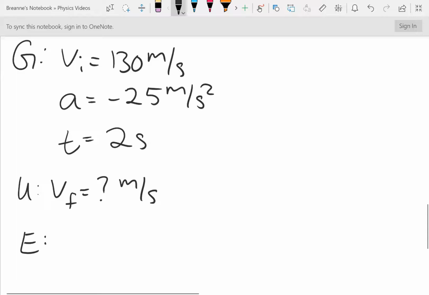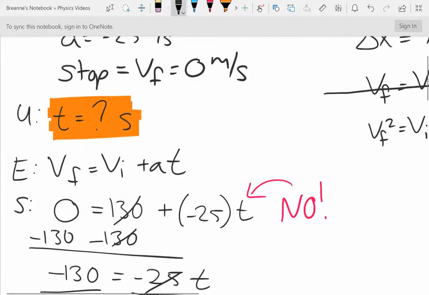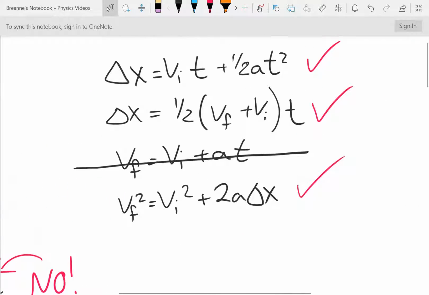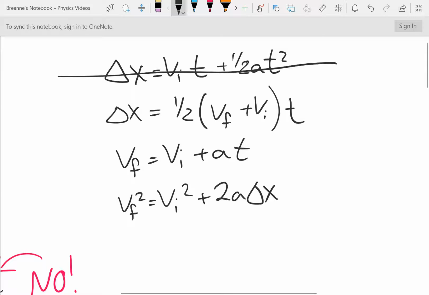Again, let's look at our equations. Our equation has to have final velocity in it. So let's see if there's an equation that doesn't have final velocity in it. Well, the first one does not have final velocity in it, so we can't use that. The other 3 do.